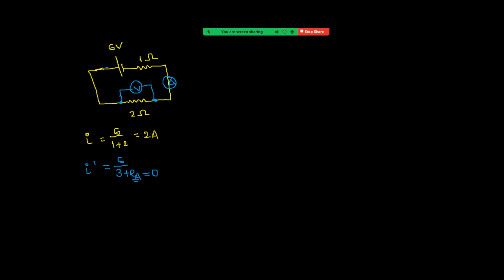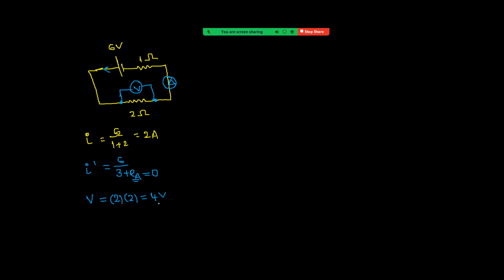When 2 ampere current flows like this, if you assume that no current passing through this voltmeter, entire current passes only through 2 ohm resistor, then potential difference across that resistor is current 2 ampere, resistance is 2, therefore potential difference will be 4 volt. That means this device has to measure a potential difference of 4 volt.